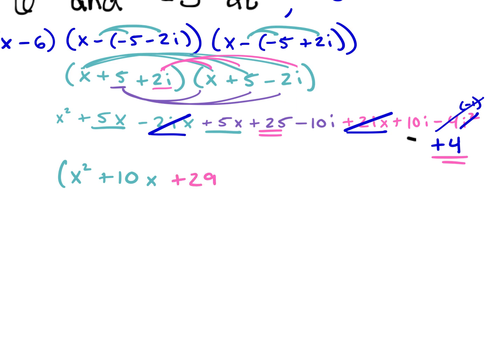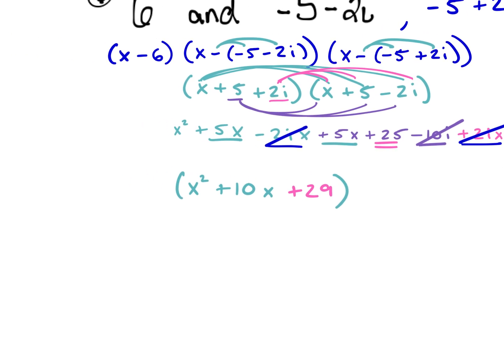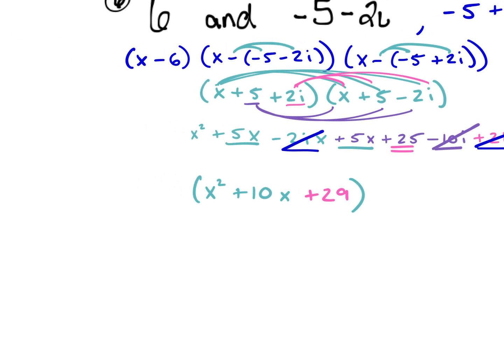And then negative 10i plus 10i cancels. Like I said, the i's are always going to cancel. So if they don't, you might have done the math wrong somewhere. Now we're not done yet. We still have to multiply the x minus 6 to it.